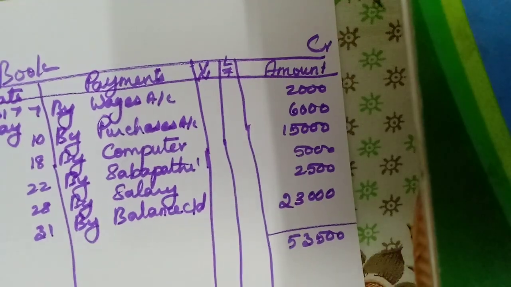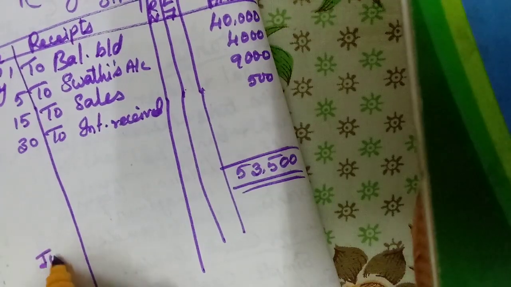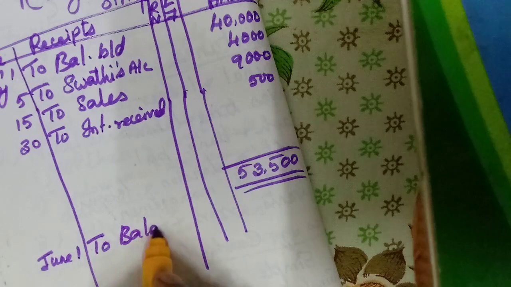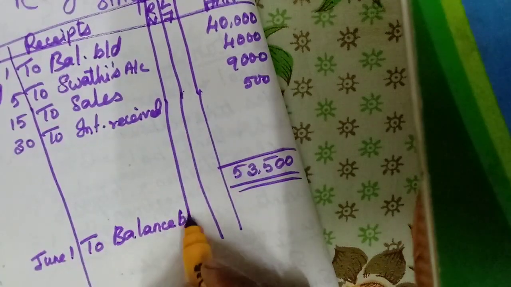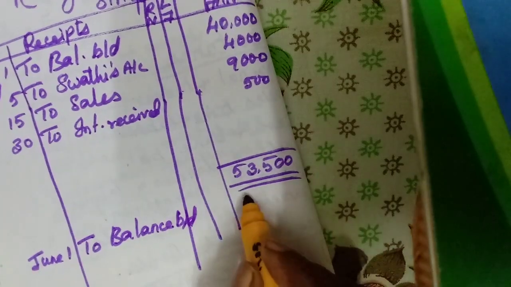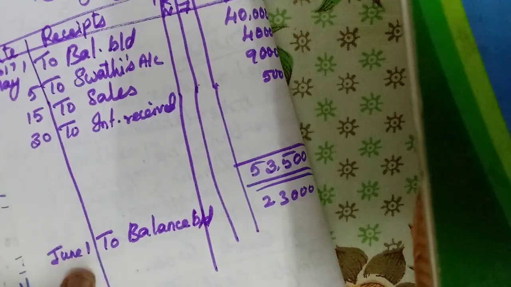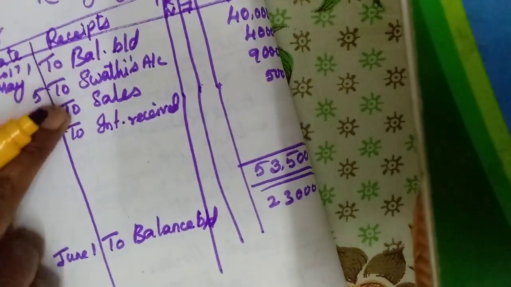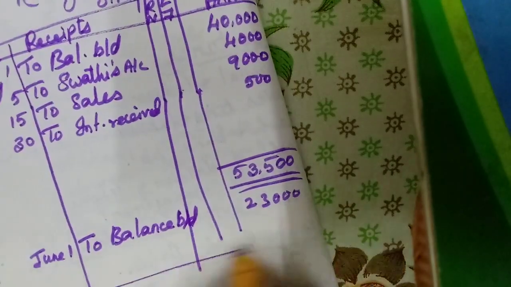Now next date, June 1, to balance brought down, 23,000. Here you should not write anything because from the next day onwards here you see balance brought down. The next item we have entered here. So here you should not draw anything, but we can close the account. Close the book. That's it.